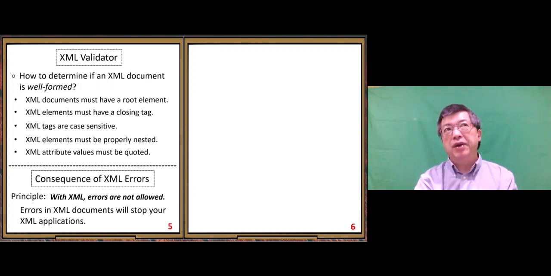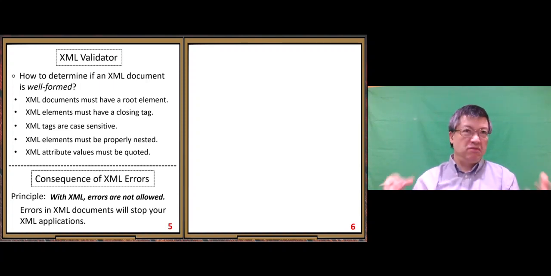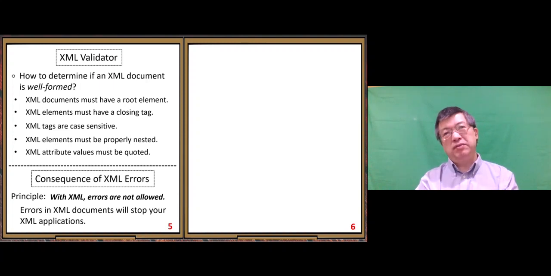But if the error is too big, the browser cannot interpret correctly. So the browser will display in some very bad way, and you will see something really hard to understand.